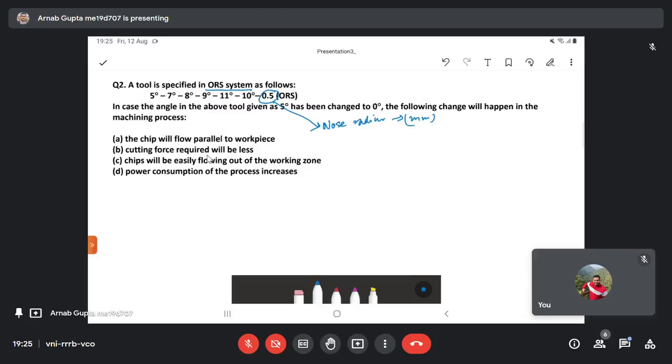Okay, and the other angles, you can unmute yourselves and tell, what is 5 degree here in ORS system? Any answers? What is 5 degree?